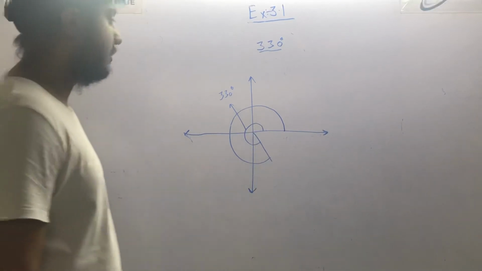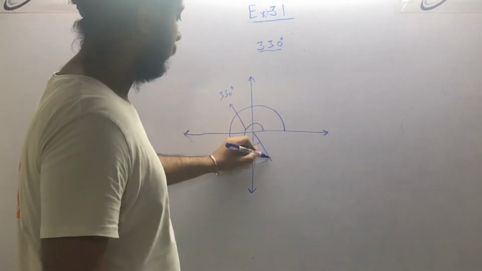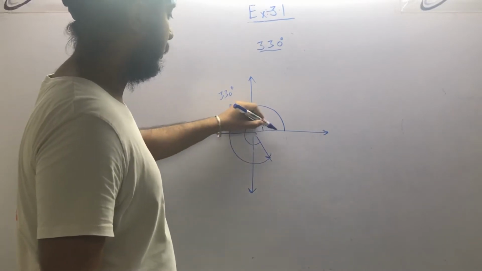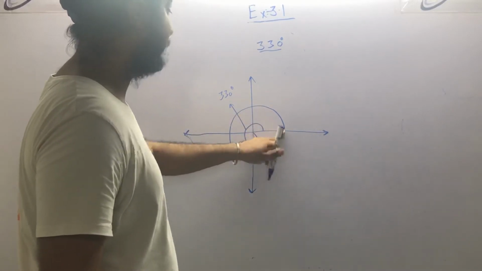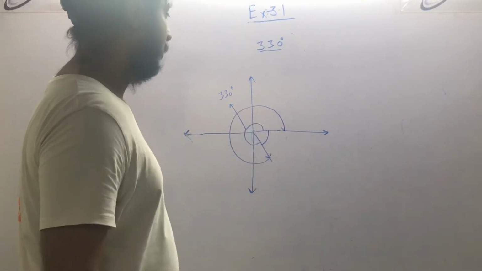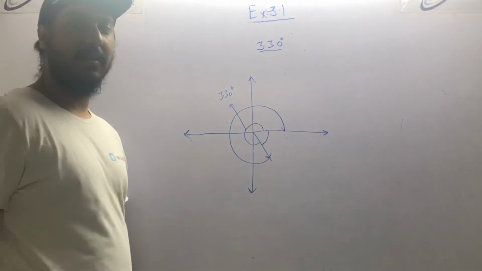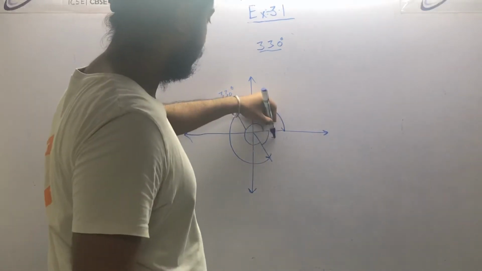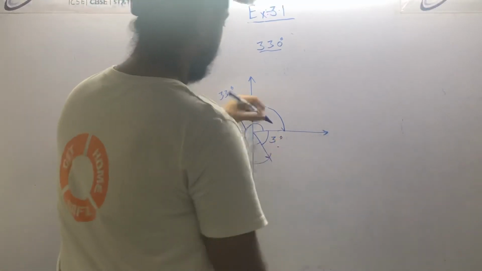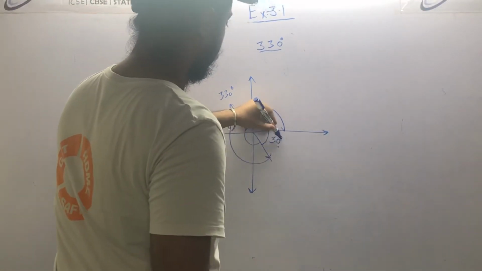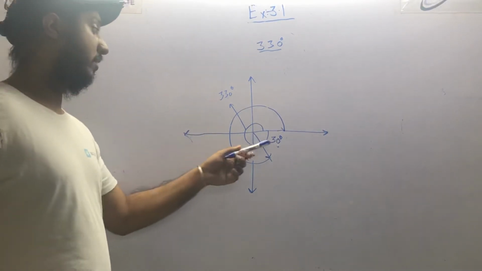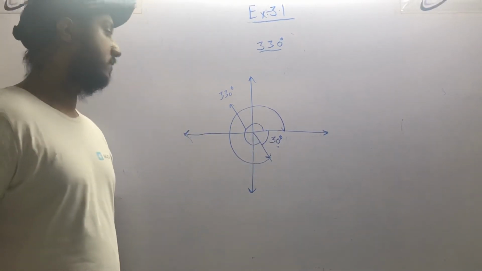The reference angle is between the terminal side, where the angle ends, and the x-axis. So the angle will be this one, and the value of this angle is 30 degrees. Okay, 330 degrees, and this is 30 degrees here.